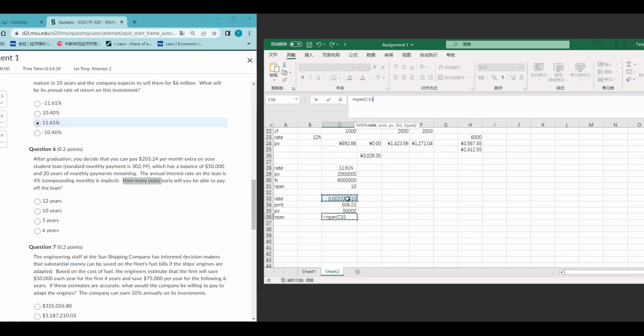Okay, the rate per month, right? And PMT is here. We pay for that, so it's negative, and present value is here. And FV, no FV.